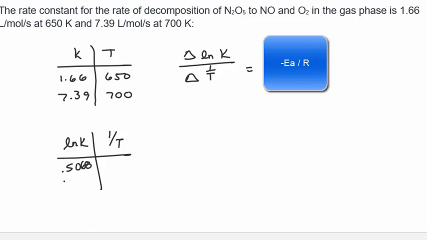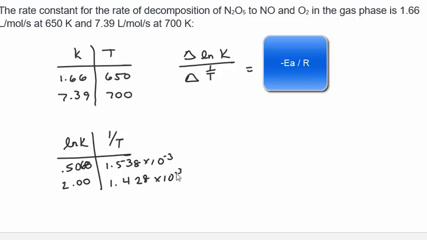So the reciprocals here, the reciprocal of 650 is something like 1.538 times 10 to the -3. Again, if you can do this all in your calculator to avoid rounding error, that's going to be best. 8 times 10 to the -3. So you see these numbers can get a little hairy.